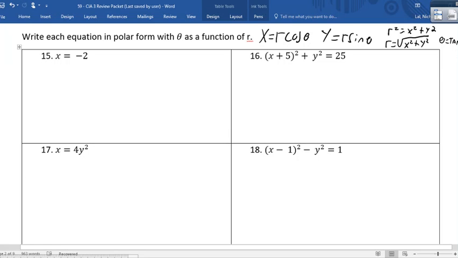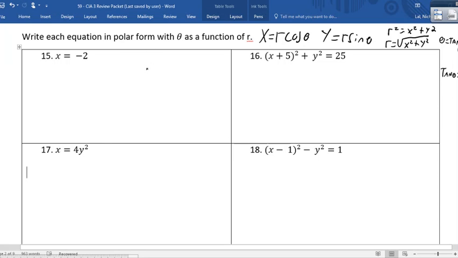And you could also throw in there that the tangent of theta equals y over x. These are all tools that we have at our disposal to get things right.